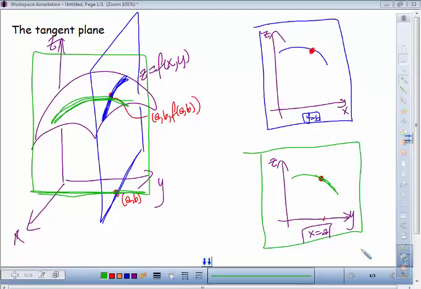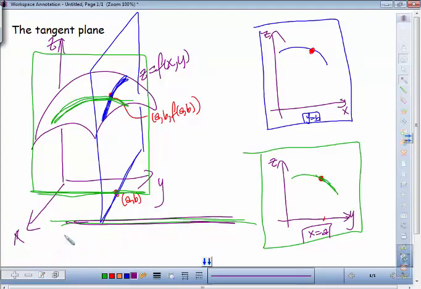So what I want to do is create a tangent plane. What the tangent plane will help us find geometrically is a plane tangent to the curve at the point.